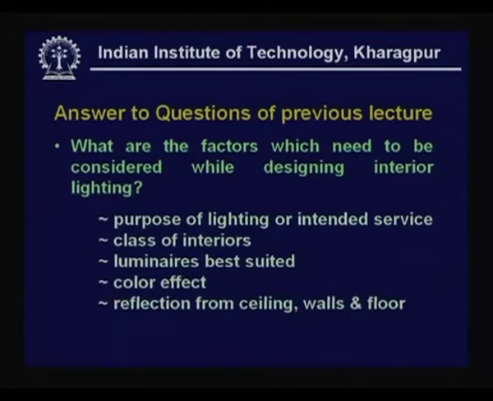The factors that need to be considered while designing interior lighting are: purpose of lighting or intention or the service for which the lighting is providing, the class of interiors, the luminaires suited and the effect of the color. Obviously, reflection from ceilings, walls and floor needs to be taken into account.